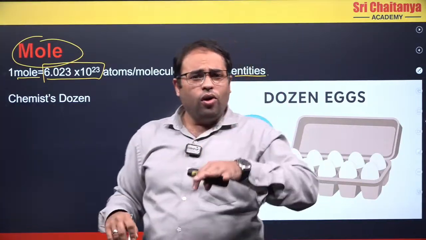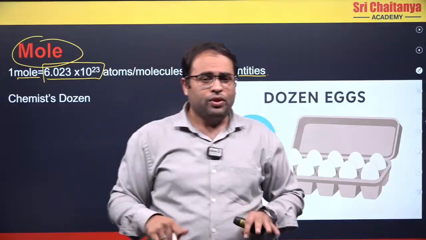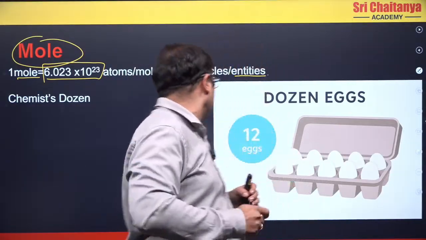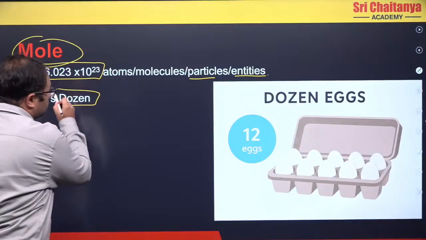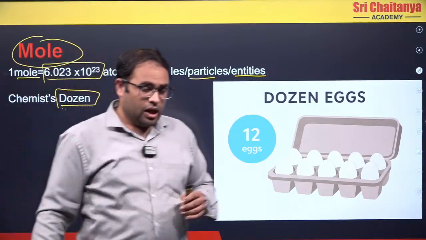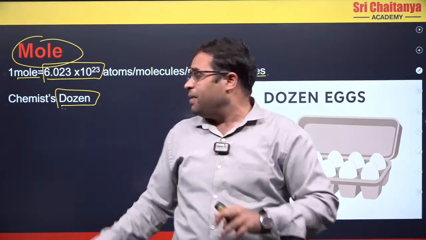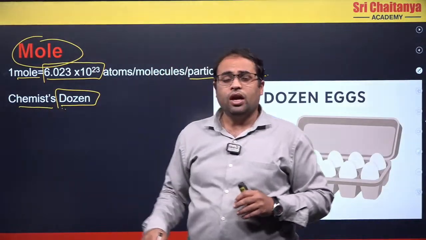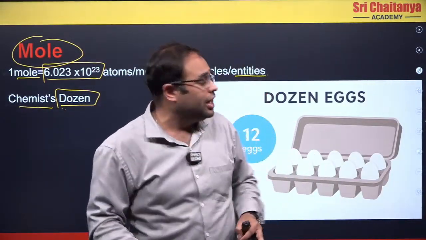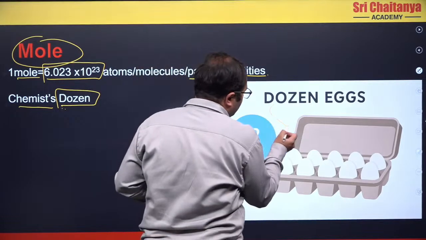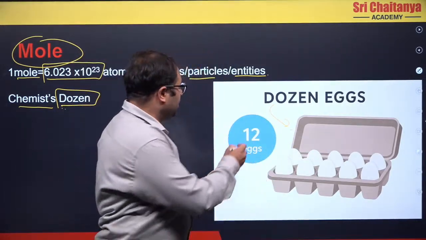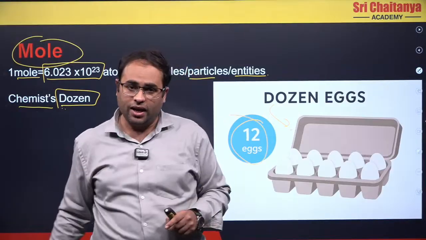See, mole is not an alien concept. We also in our day-to-day lives use something similar to moles, that is dozen. And mole is called a chemist's dozen. Why is it called a chemist's dozen? Because if you go to the market and try to get a dozen eggs, how many eggs will be there in a dozen? 12 eggs, right?